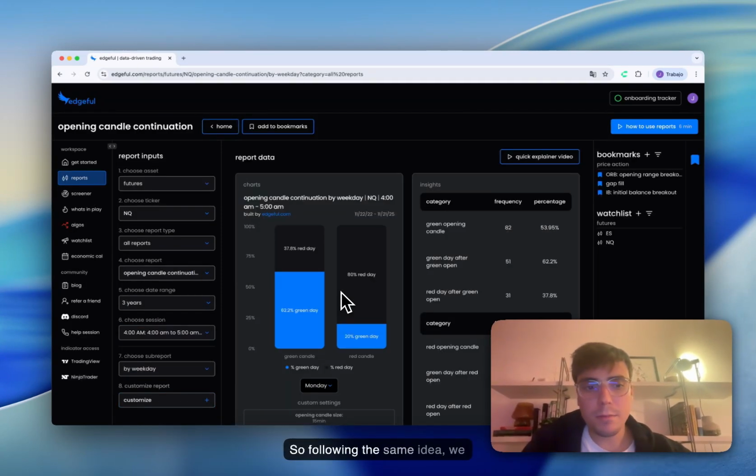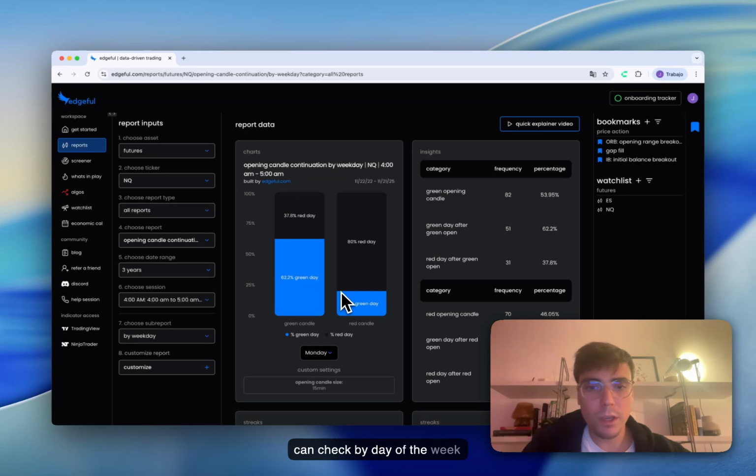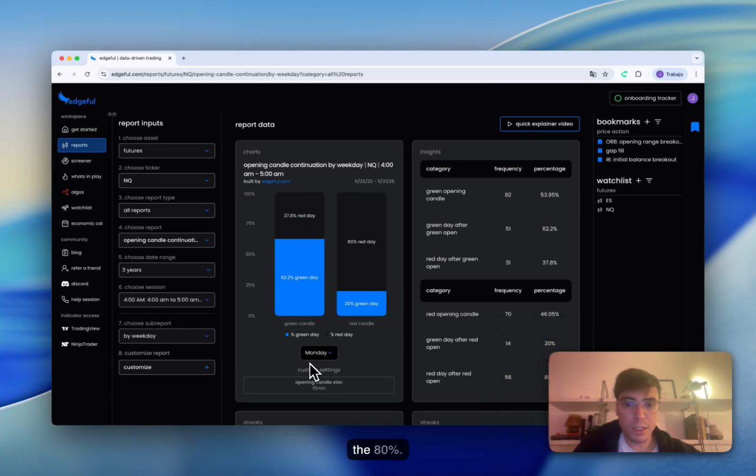So following the same idea, we can check by day of the week what the percentages are. We can see clearly that on Mondays the green 4 a.m. candles closing green statistic goes down, but for the bearish it goes up to 80%.